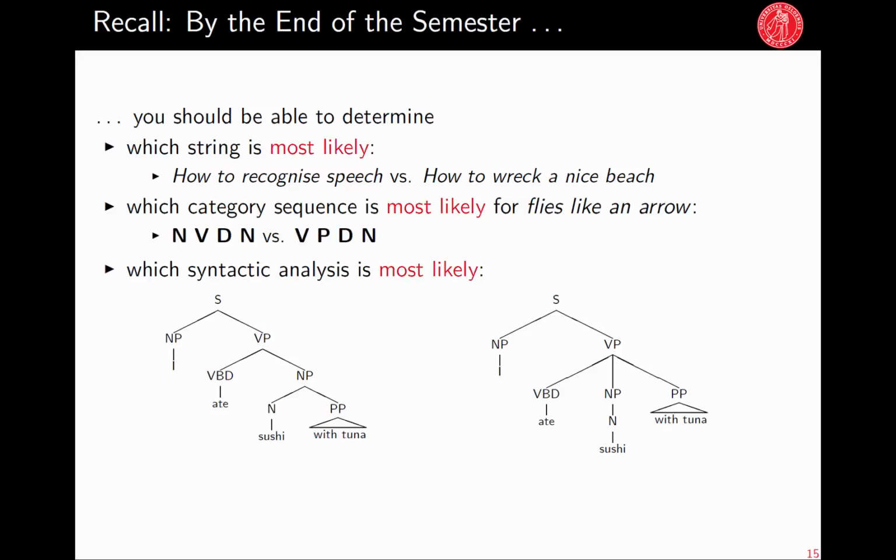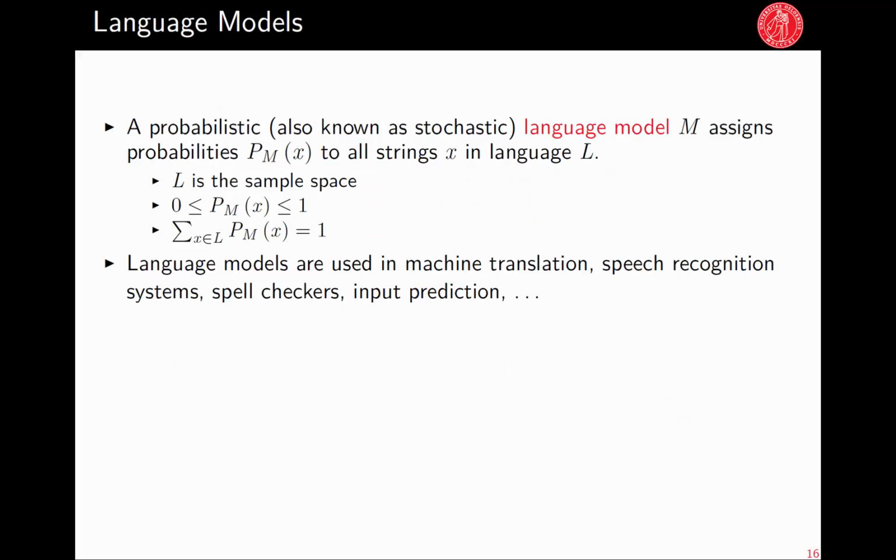I'll skip this part. So we're moving into this section: which string is most likely. And the tool, the probabilistic model that we'll apply to this problem, is called a language model. The language model M gives us a probability, P of M, for a string X, a sequence of words, in some language L. L here is the sample space, the set of all possible strings, which for most natural languages need not be finite.